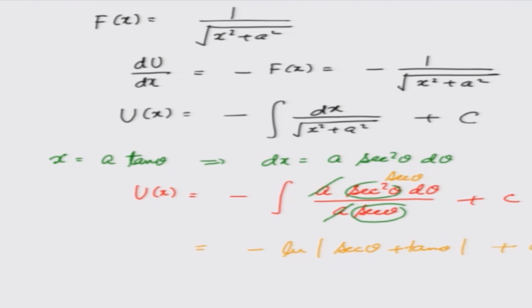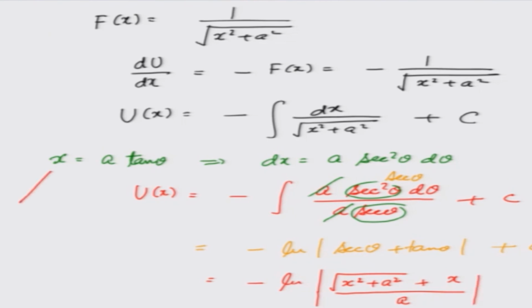Again, if I substitute for tangent theta and secant theta, it comes out to be minus log of modulus of square root of x square plus a square plus x, this whole thing divided by a.